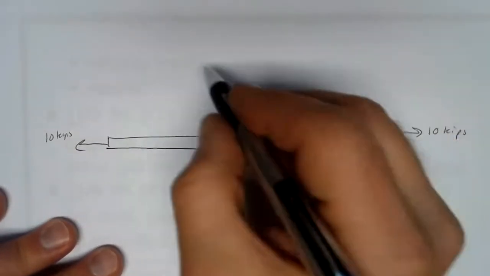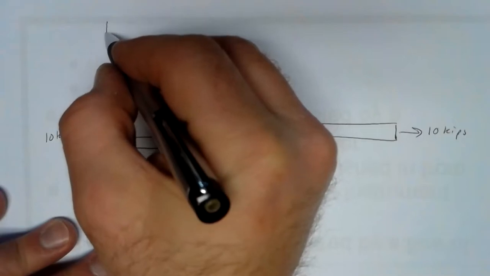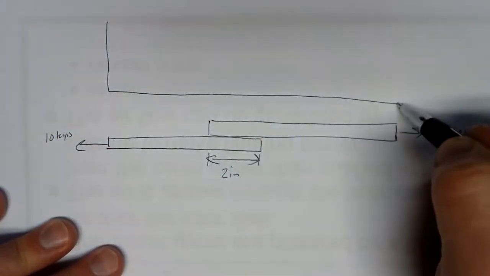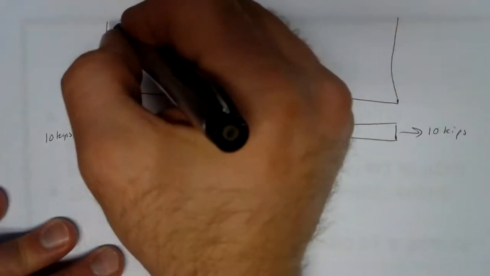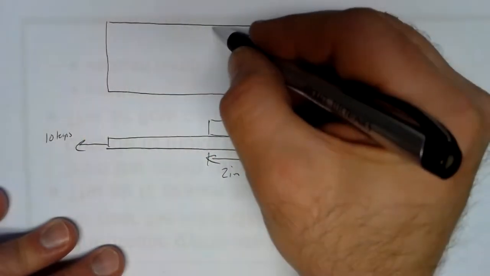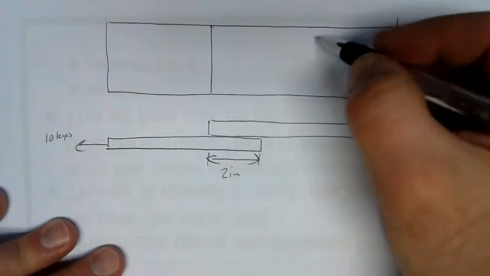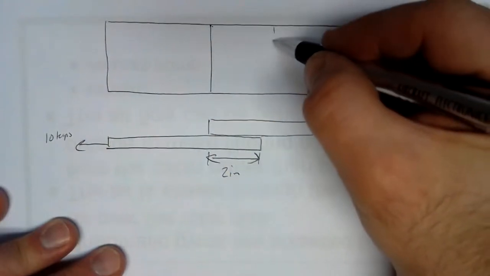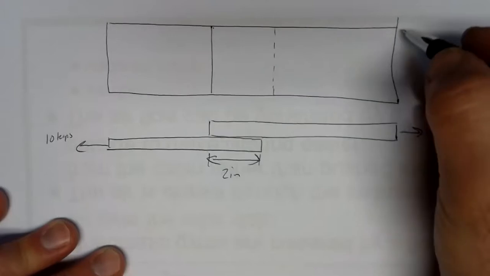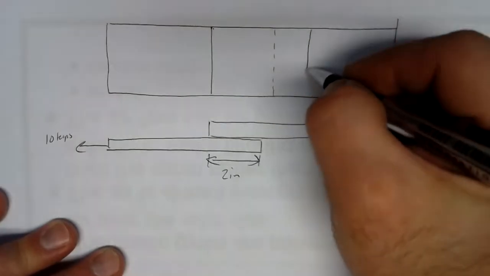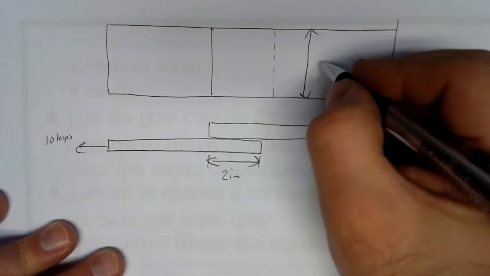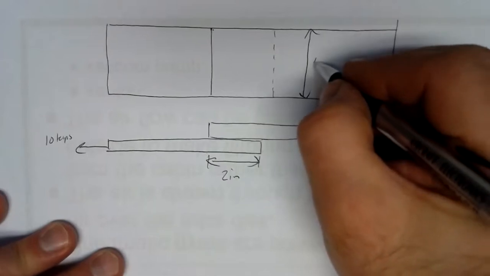But if I had a top view of this, it would look something like this. Top view, because to find the area, we have to have 2 dimensions. We'd have a line right here. Little drawings review, got to have a hidden line there. And let's say the width of our lap joint is, let's say, 4 inches.